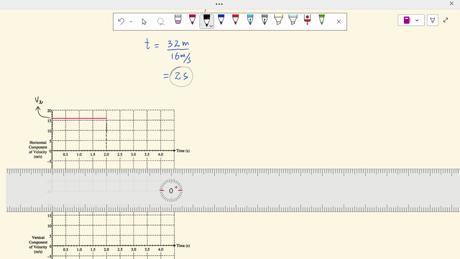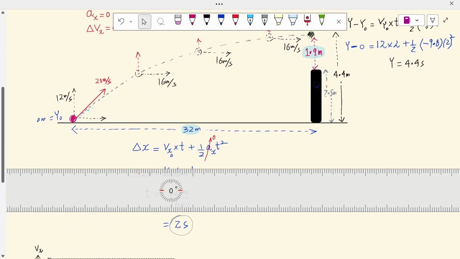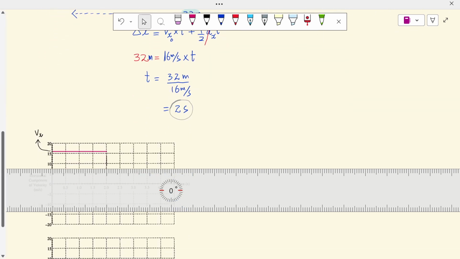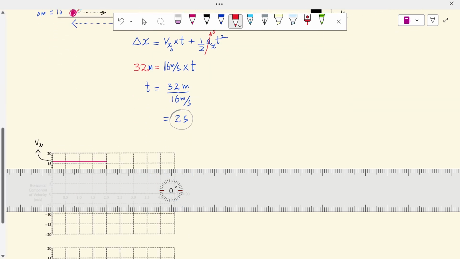Now let's talk about the vertical velocity. You remember I told you that as it is moving up, the vertical velocity is getting smaller as it is slowing down. So why not apply the equations of motion to find the speed. For example, at time t equal to 0 seconds, the vertical component of velocity is 12 meters per second, because that was the initial vertical component of velocity you have seen in the diagram.